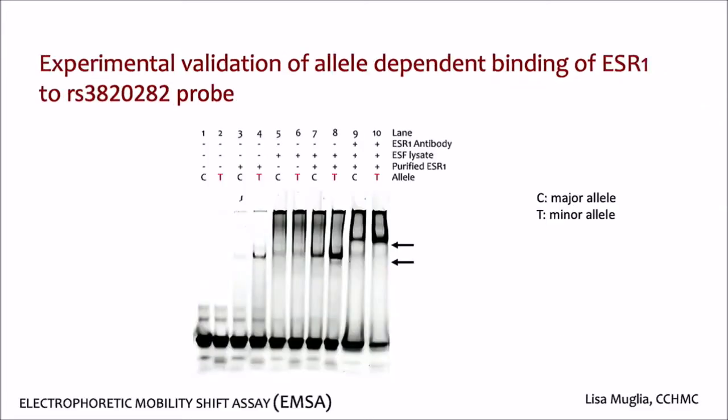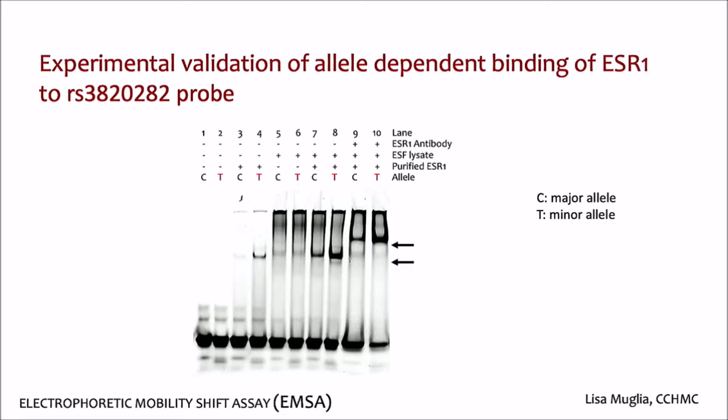All right, we tested experimentally whether it binds. So this is the electrophoretic mobility shift assay, where you have in different lanes the probes of the two different alleles, and then you add either the receptor or the lysate of the particular cells, and then at the end the antibodies.